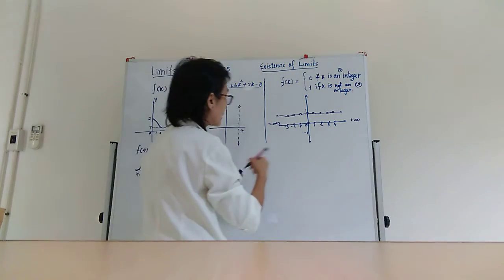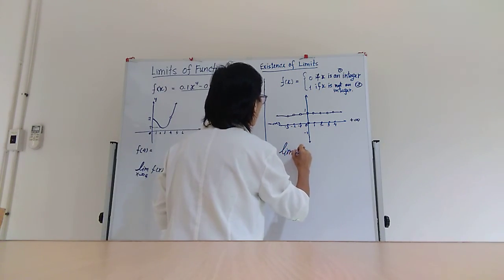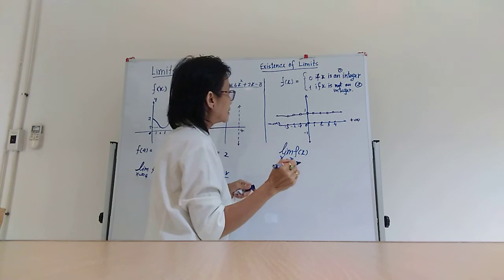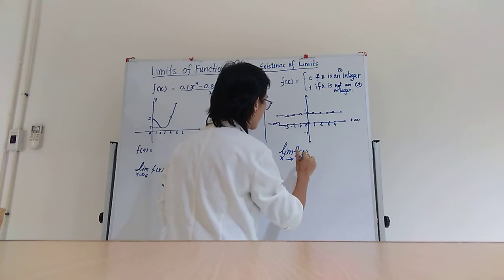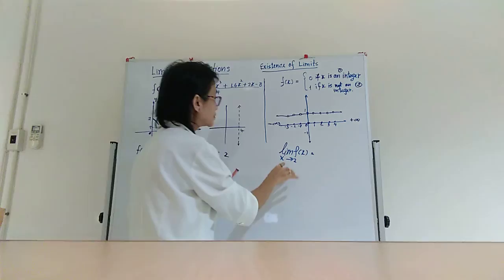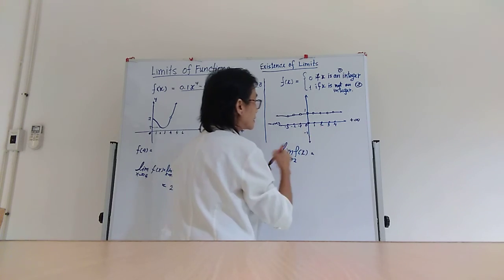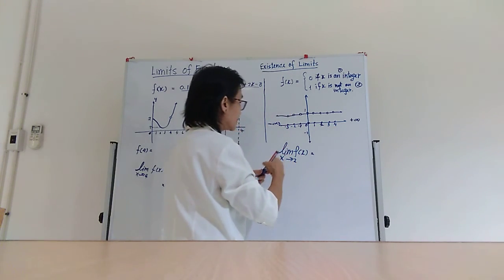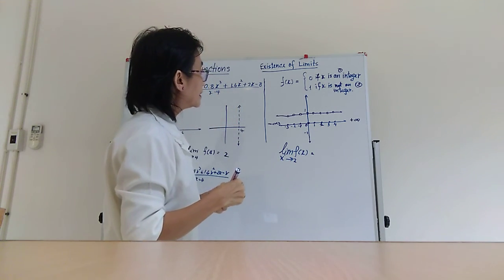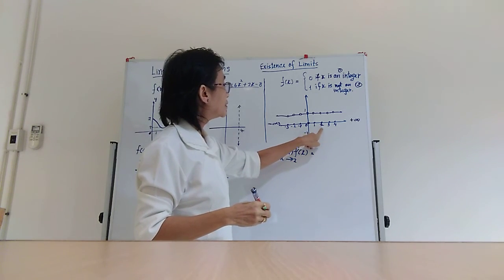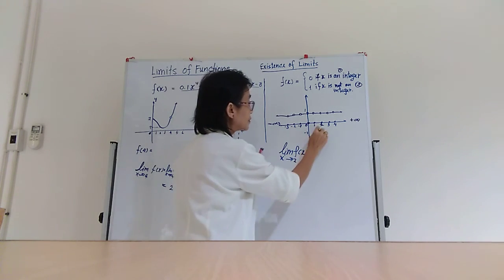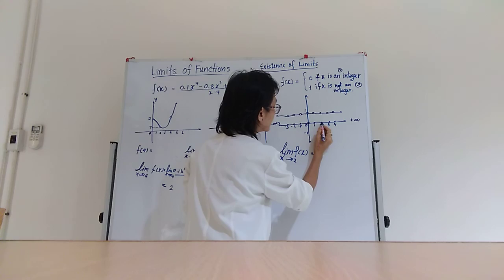Then from this graph, if I ask you the limit of this function when x equals any number, for example, if x equals 2, what is the value of this limit? Equals 2, if x equals 2 is here, right?